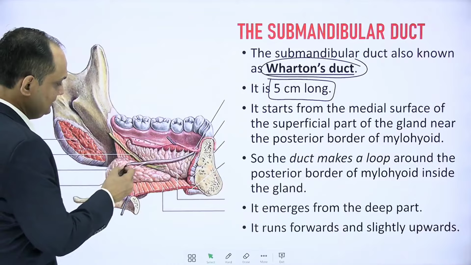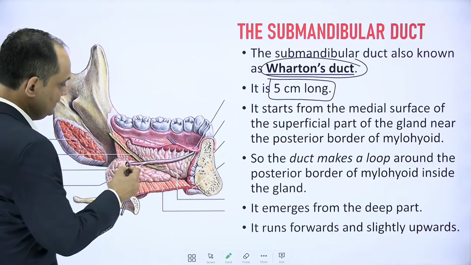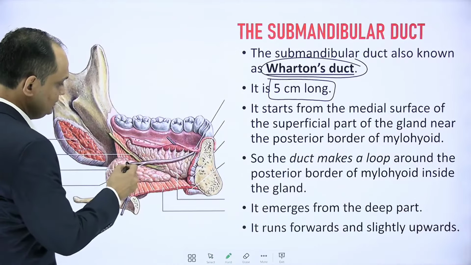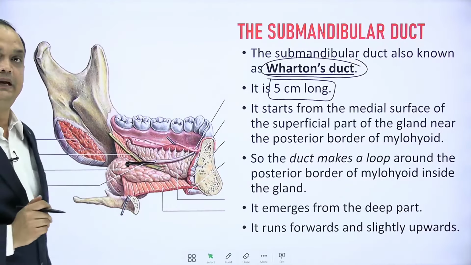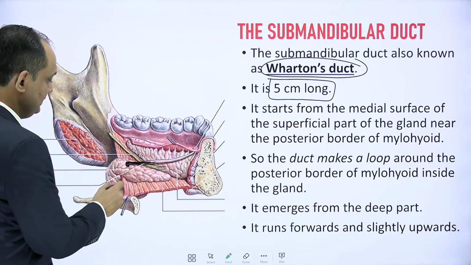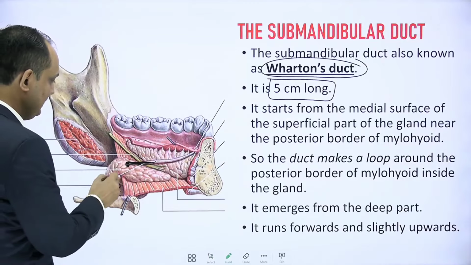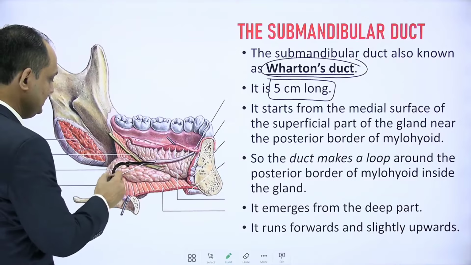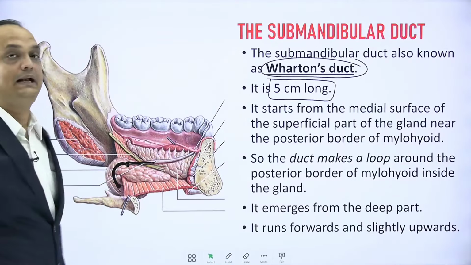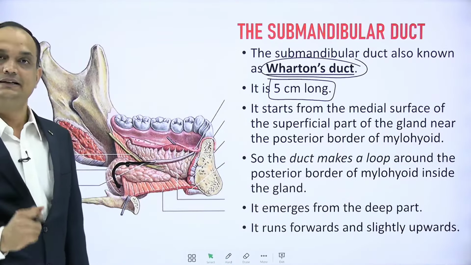What is the meaning of this? This is the point of its emerging, that means from this point the duct has come out. But the formation or beginning of the duct is early, here only, and this part of the duct is not visible because it is present inside the parenchyma of the gland itself.